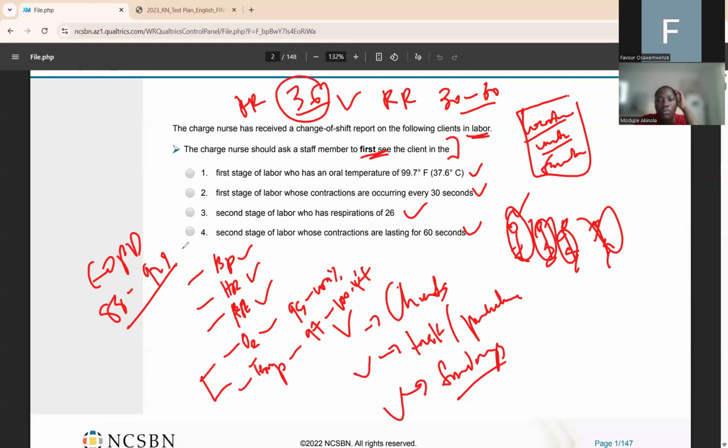Because somebody can have a fracture right now and they will tell you the patient's temperature is high. It's not because the patient has infection, it's because of the inflammation, right? The patient can return from surgery and the temperature is high.